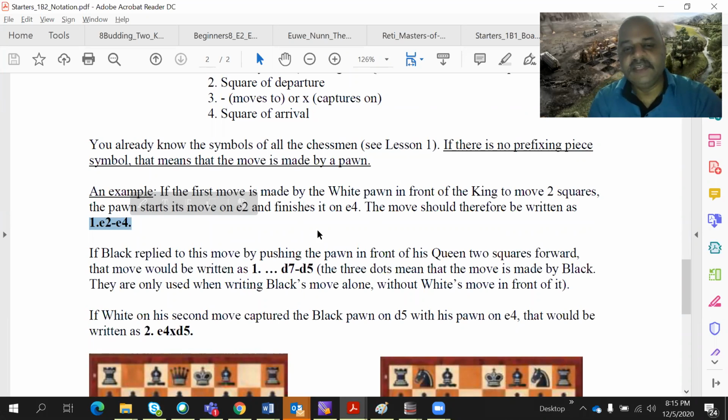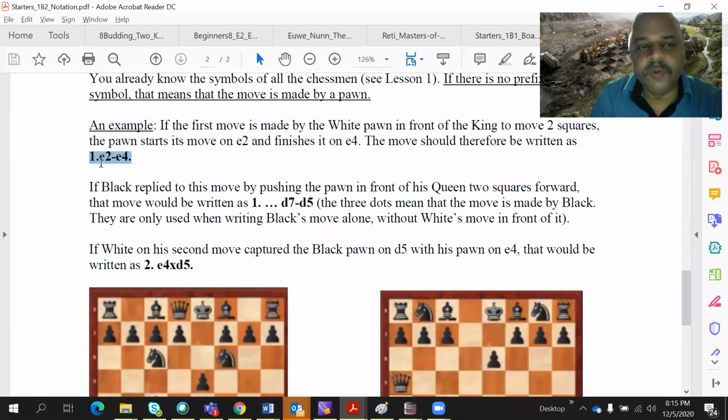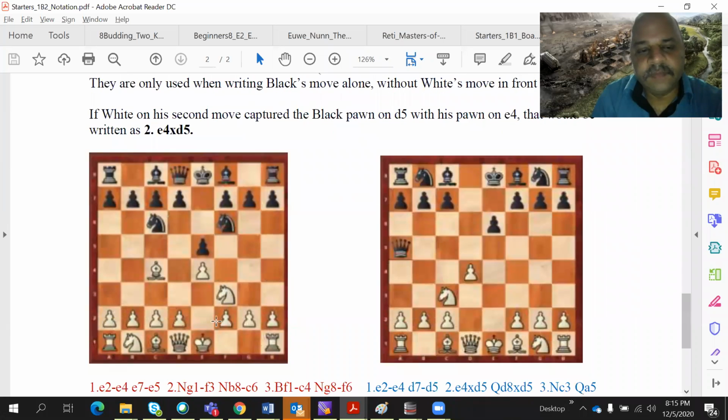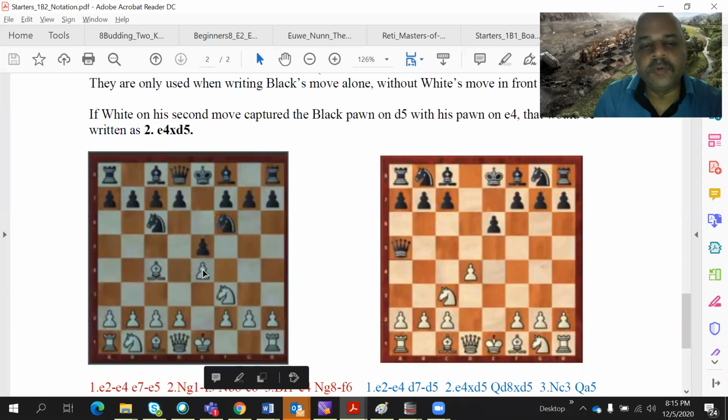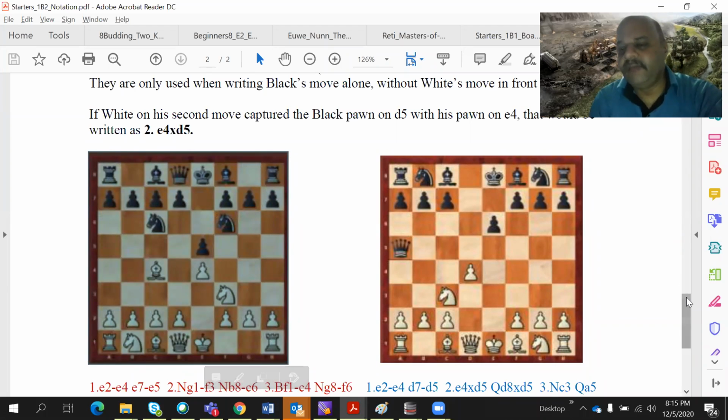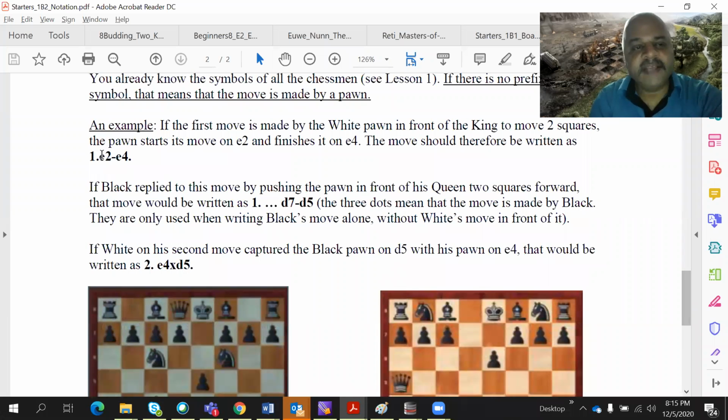Because there is no piece symbol, you know it is the pawn, and it is going from e2 to e4. This is the e file, the king file. It is going from the second rank to the fourth rank. So we write it as e2 dash e4. This is the long notation.